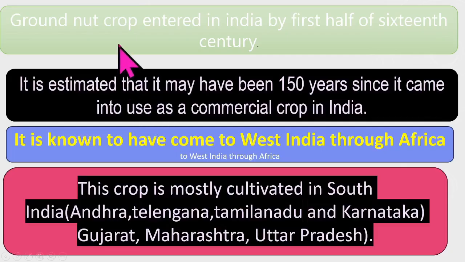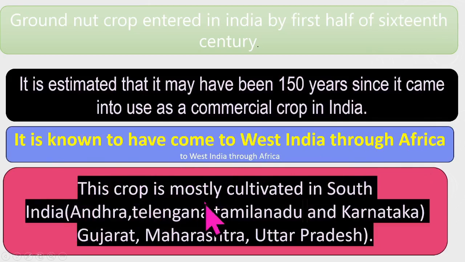The groundnut crop entered India in the first half of the 16th century. It is estimated that it may have been 150 years since it came into use as a commercial crop in India. It is known to have come to West India through Africa.